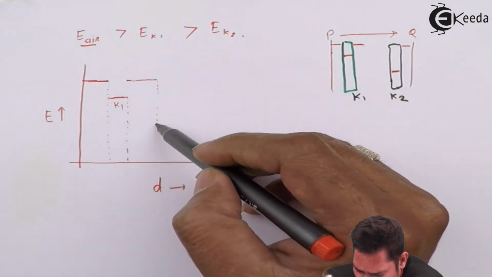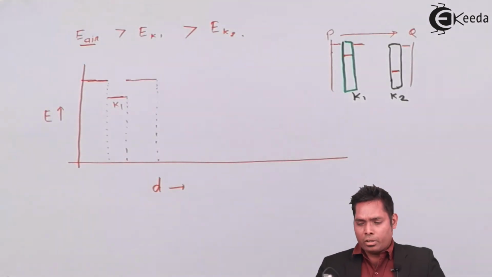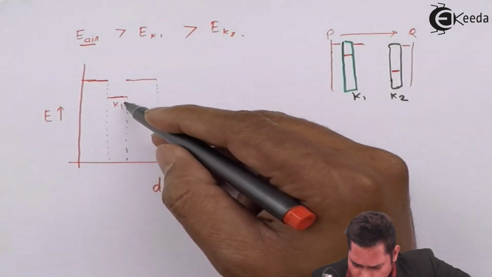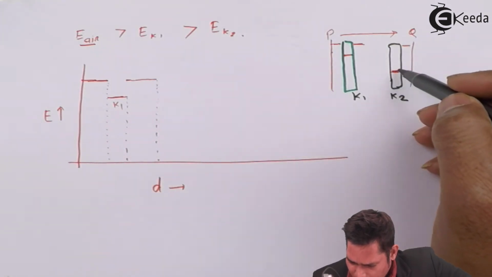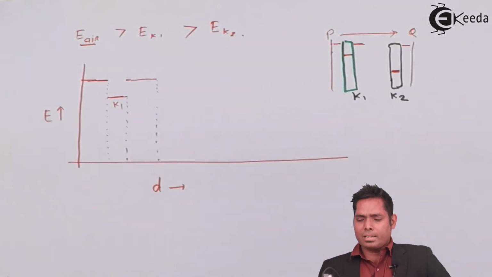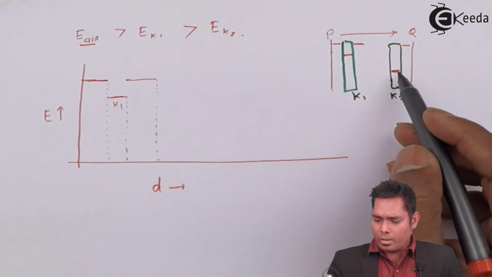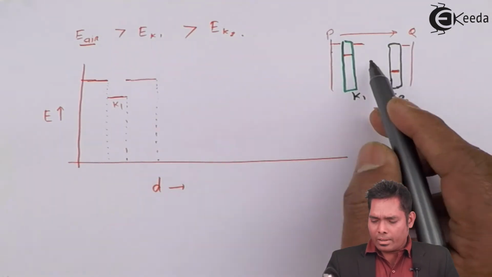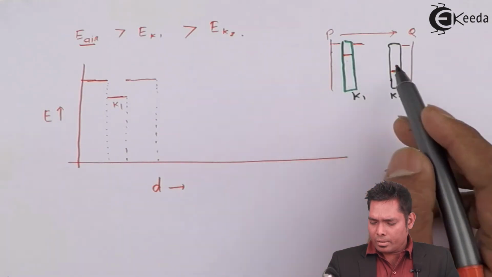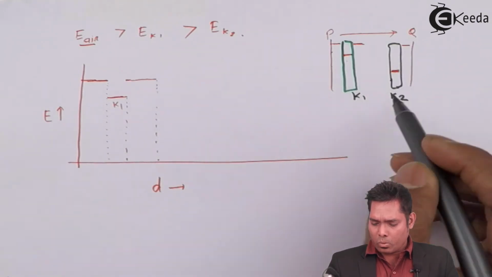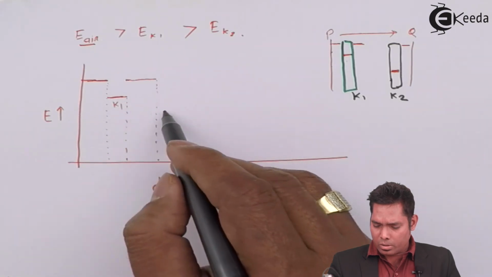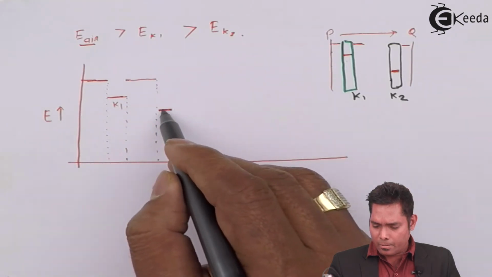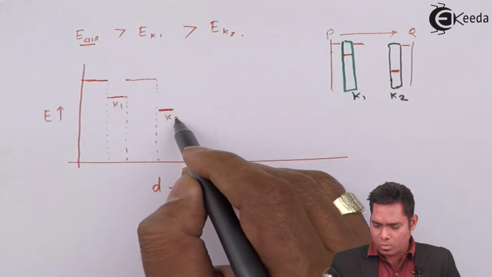When it finds K2, it will lower than the K1, because this one is having less electric field than the earlier one, because of the greater value of K2. So this will be below this. This is like this somewhere here, for K2.